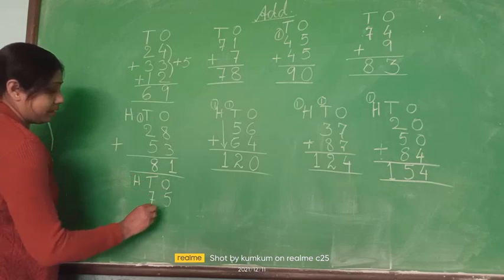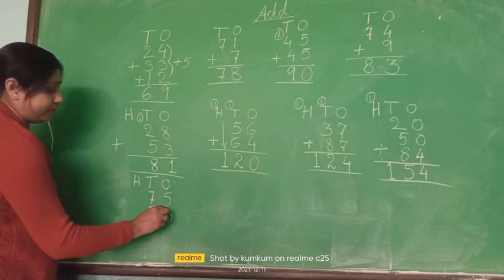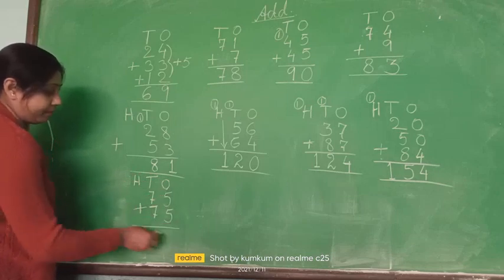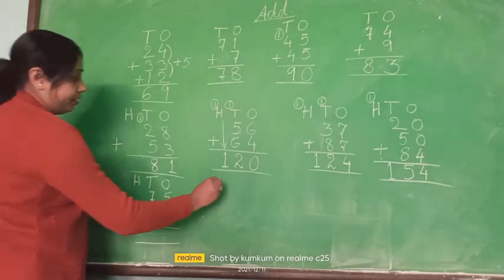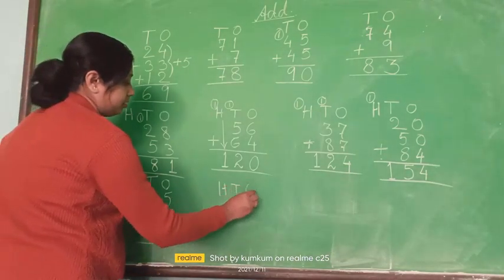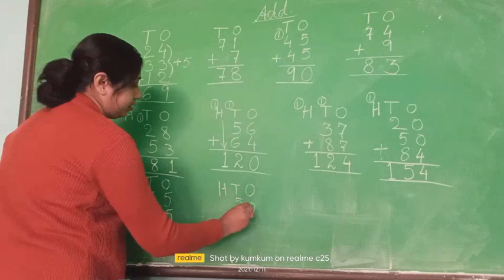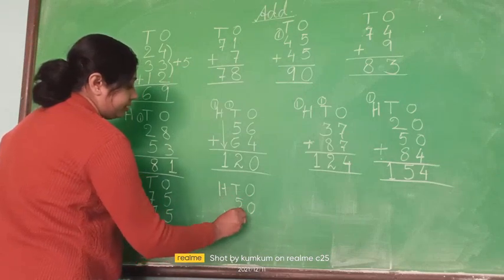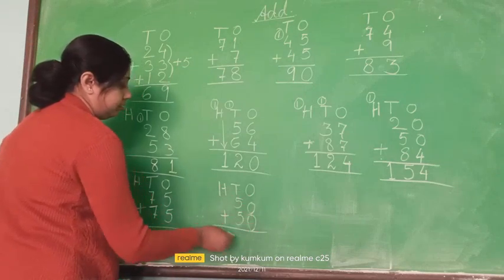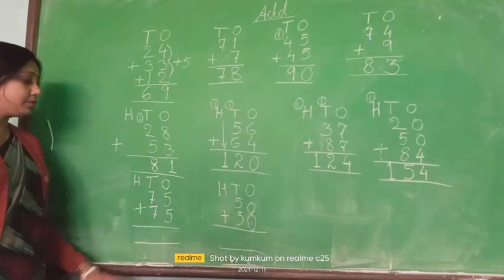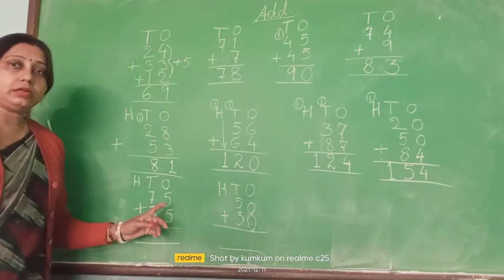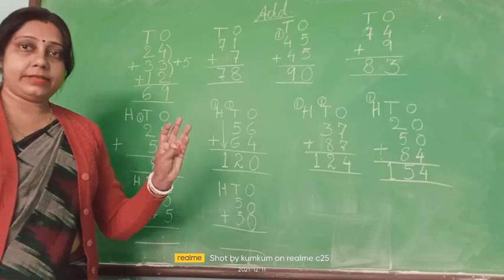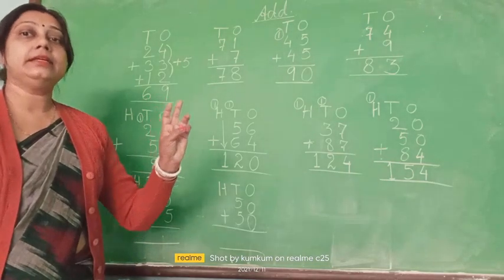75 plus 75. Again 50 plus 50. Now see, 5 plus 5 is what? 6, 7, 8, 9, 10.